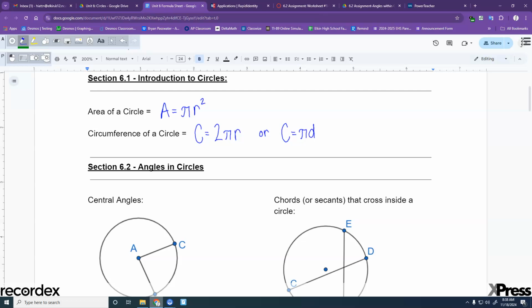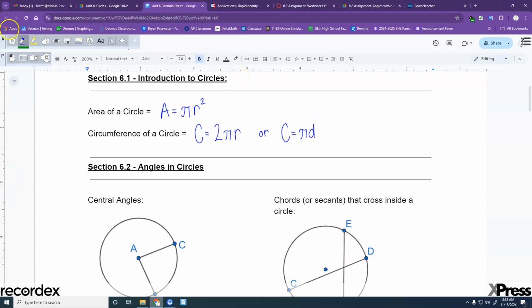Okay, both of those came from that first little set of notes that we took that just basically had vocabulary on it. Okay. Everybody have both of those down.